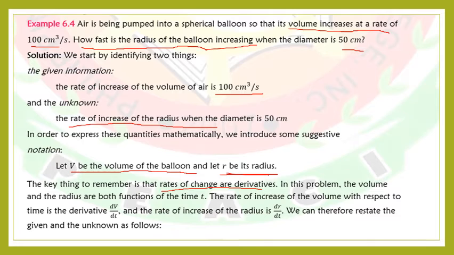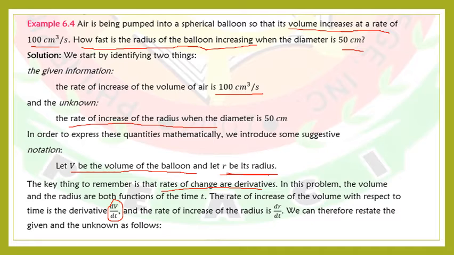In this problem class, the volume and the radius are both functions of the time t. Tama, di ba? The rate of increase of the volume with respect to time is the derivative dV over dt. Ang ibig sabihin nito class, itong dV over dt, yung volume natin is the rate of increase of the volume with respect to time t.